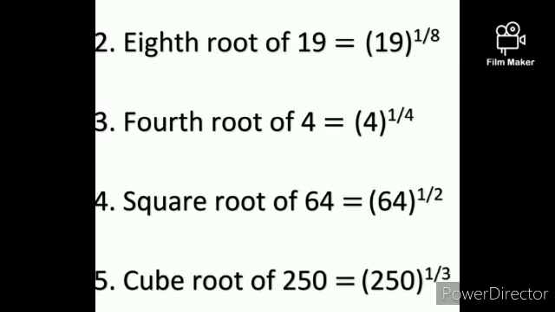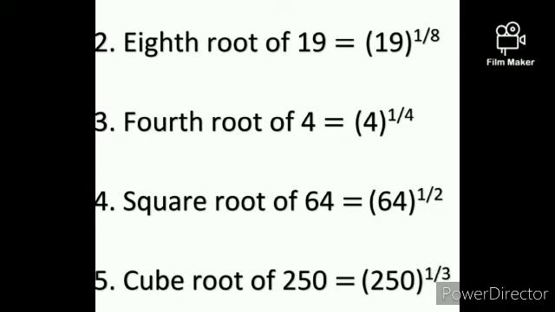So eighth root means 1 upon 8. 1 upon 8 will be your index. Now in 1 upon 8, your 1 is the power and 8 is your root. So this can be expressed as 19 raised to 1 upon 8.